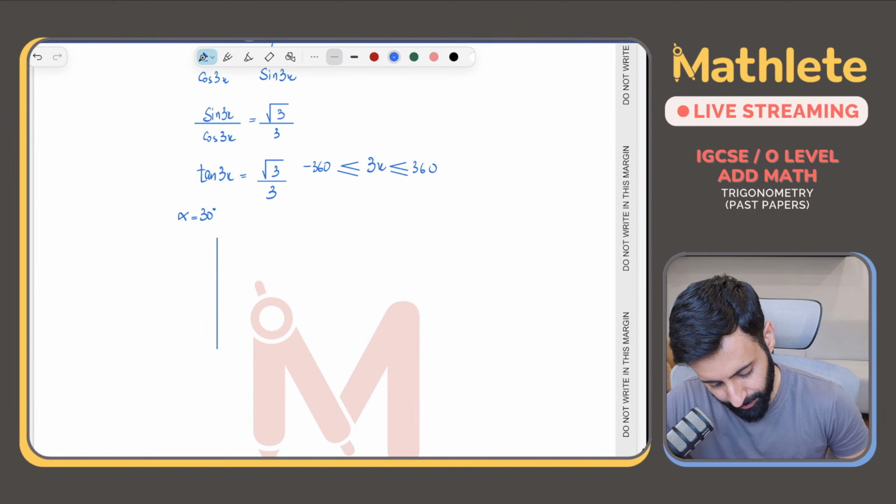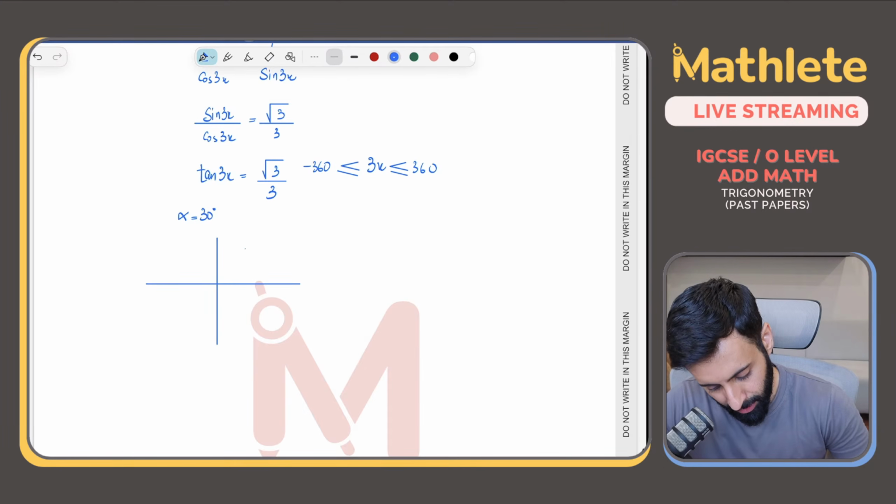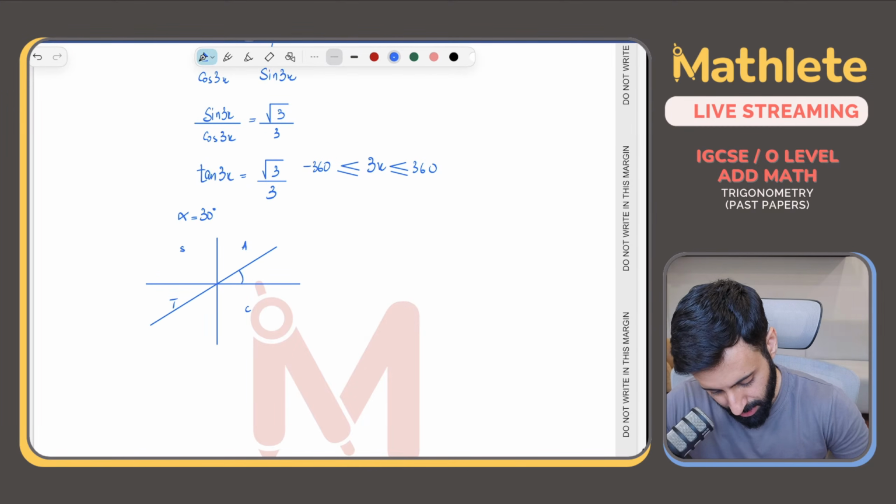Okay, now, notice that the range is from minus 360 to 360. Okay, so tan is positive, that means it's going to be in the first and the third quadrant. All right, so here's alpha and here's alpha. Okay, so 3x equals to alpha, that means 3x is equals to 30.